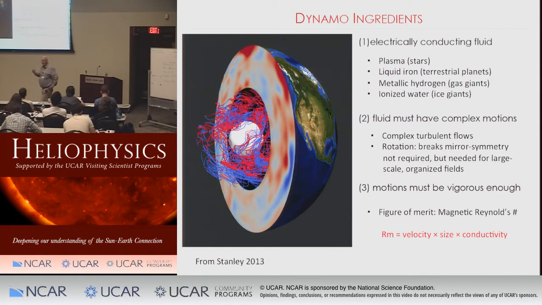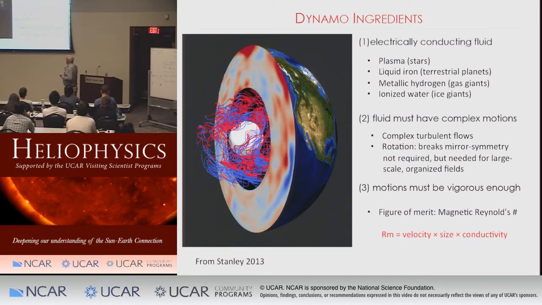And this characterizes the fluid and the flow. It's dimensionless, but it involves a product of the velocity, the linear size of this thing, and the electrical conductivity. So in order to generate a magnetic field, you need a fluid and a flow where this product is sufficiently big, and we'll get into how big that must be.